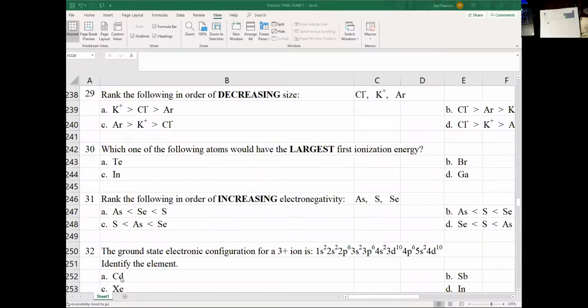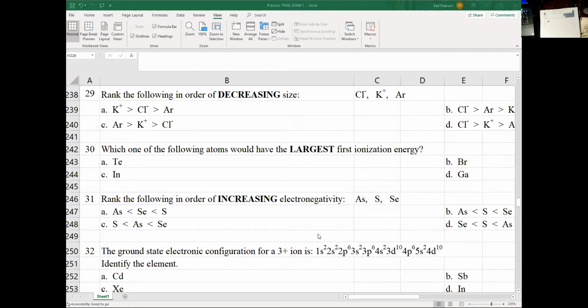Instead of trying to do the electron configuration for each one of these, I'm going to take the quick way and add up all of the superscripts.